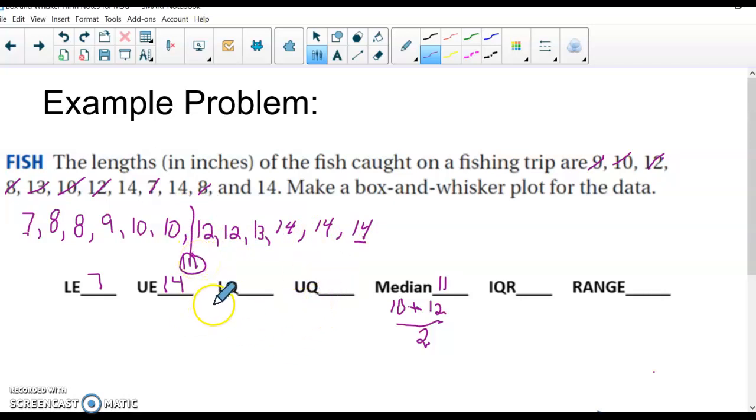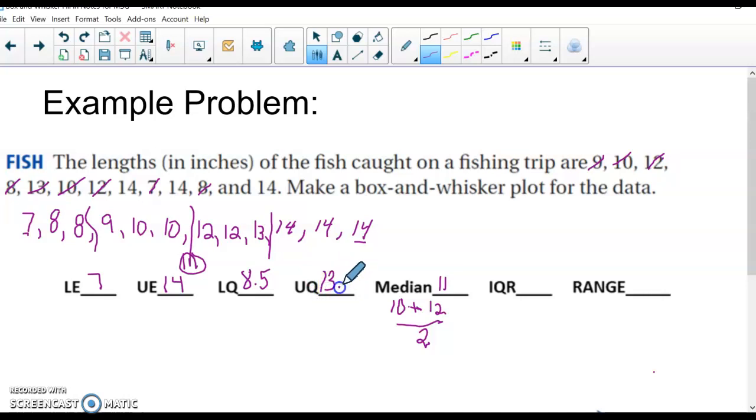Now for our lower quartile, it's the median of the lower half. I've got 6 numbers there. So it's 8 plus 9 divided by 2, or 8.5. And our upper quartile is in between 13 and 14, so 13 plus 14 divided by 2 is 13.5.